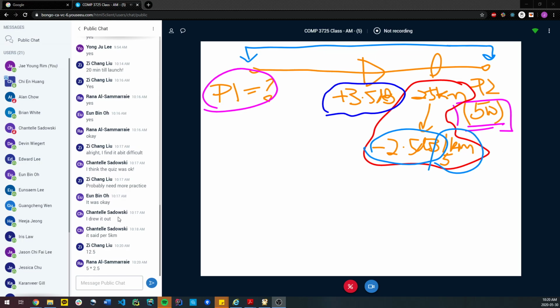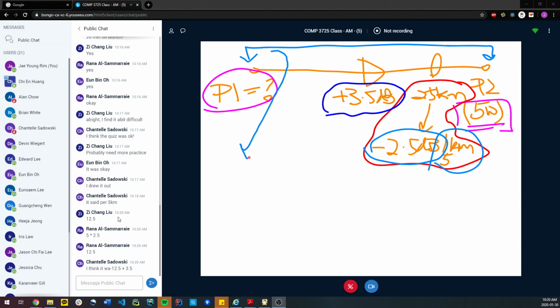Yeah, exactly. Per 5 kilometers, that's 5 times this, minus 12.5. So the first thing to figure out is the total gain or loss through this. It will be 5 times minus 2.5, which is minus 12.5, plus 3.5, which equals minus 9 dB.